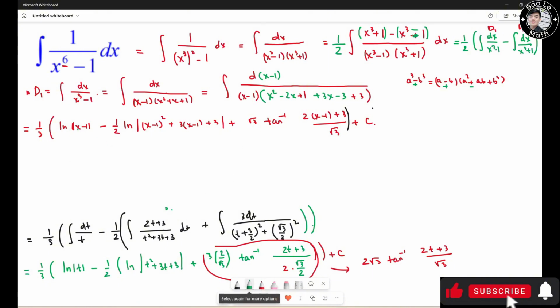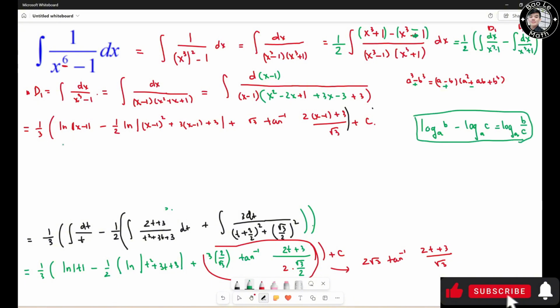Now I need to combine this and this using the formula log base a of b minus log base a of c is going to be log base a of b over c. So before I condense this one, I need to make sure the coefficient in front of the natural log is 1. I have 1/2 right here, so I cannot do it yet.